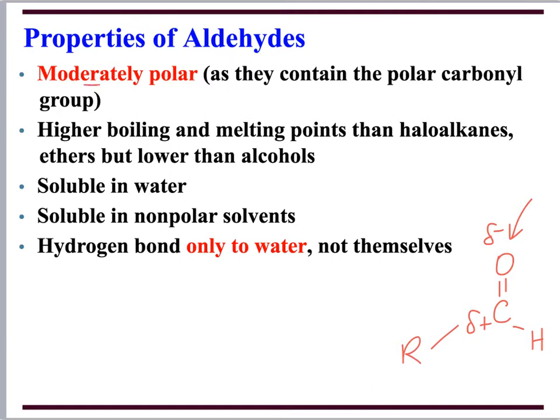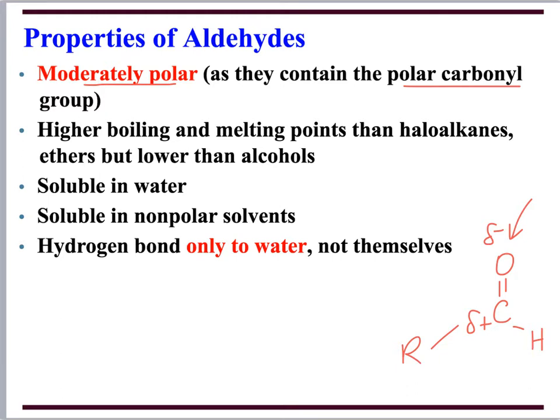So when we say moderately polar, it's not as polar as those alcohols we talked about because they had the OH group, but it is definitely more polar than the ether family, and more polar than the alkanes and alkenes and alkynes. So that polar carbonyl group allows it to be a little bit polar.